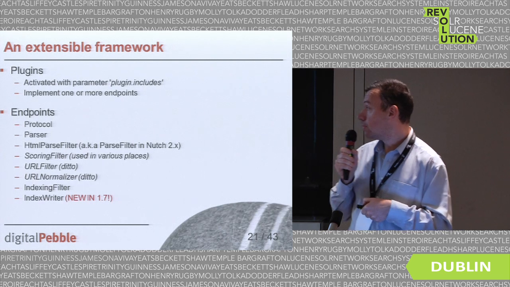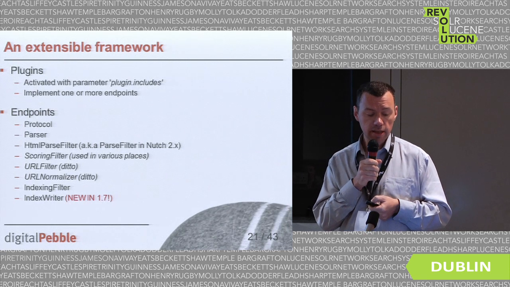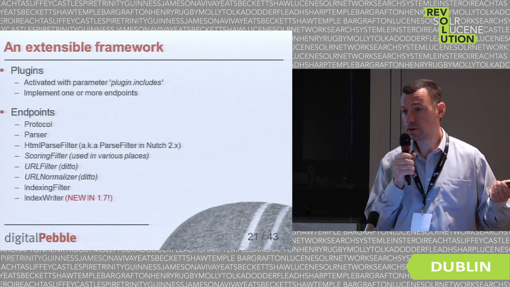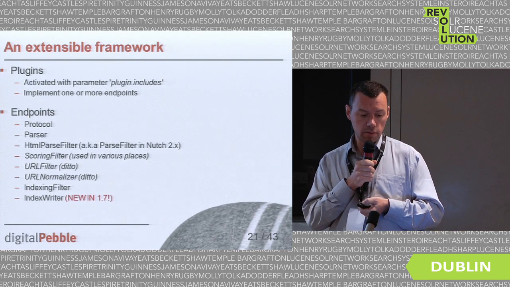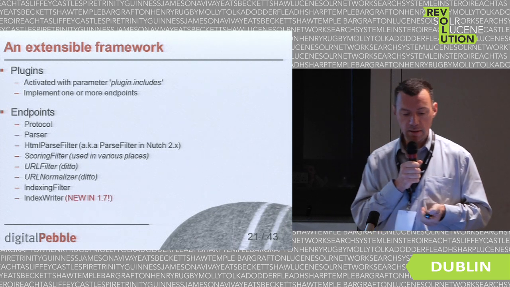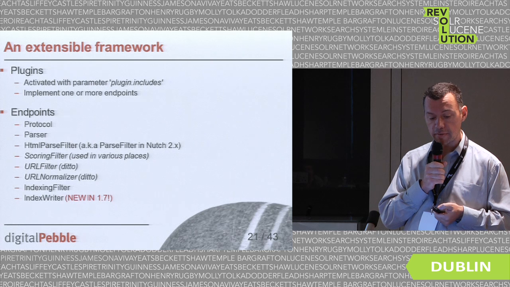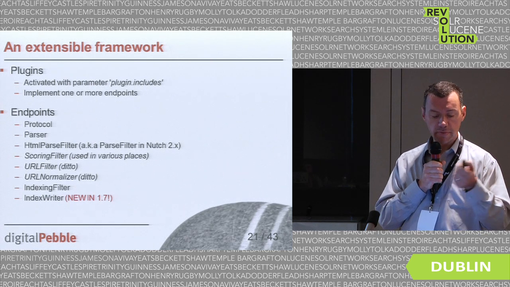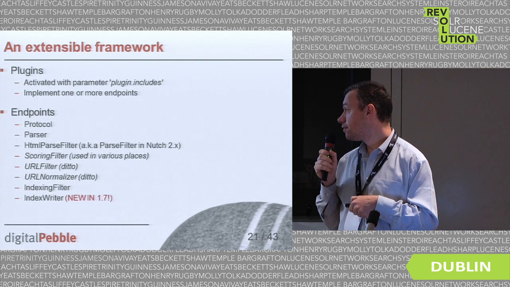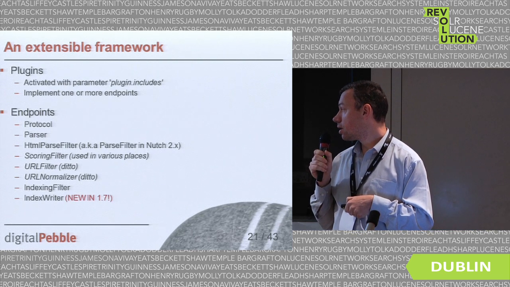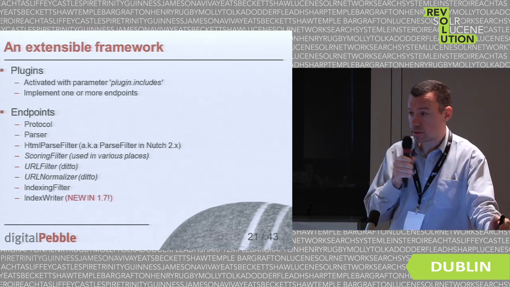In practice, that's used very often when customizing Nutch. Then there are other endpoints like the scoring filters, which are used in various places. The URL filters I mentioned earlier, where you want to control the way you expand the crawl frontiers, and the normalizers that make sure you have one representation for variants of a given URL. Indexing filters are called at indexing time.